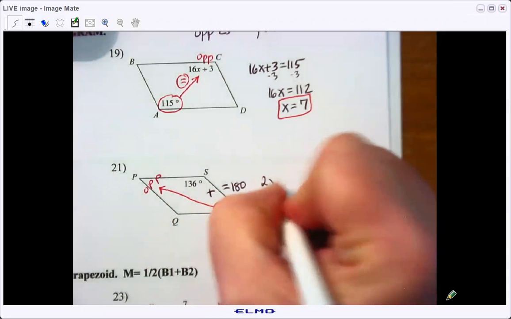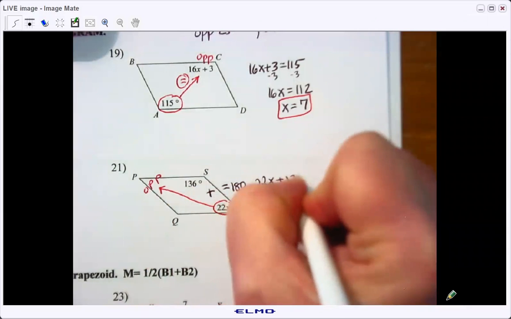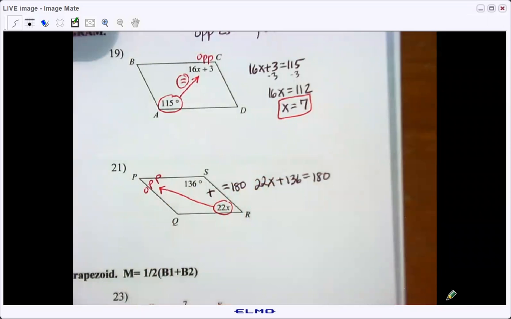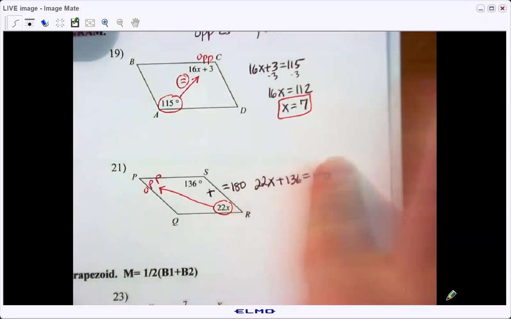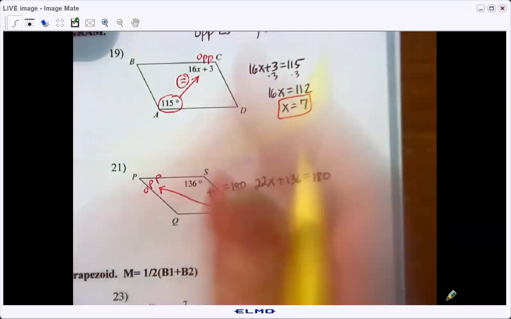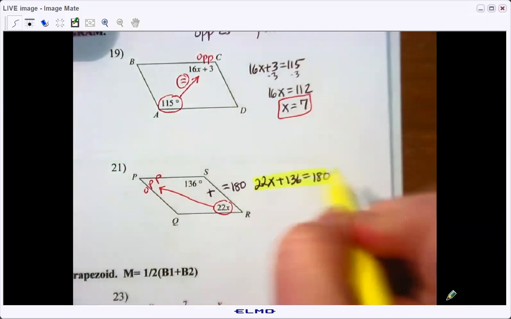So we know that 22x plus 136 is equal to 180.